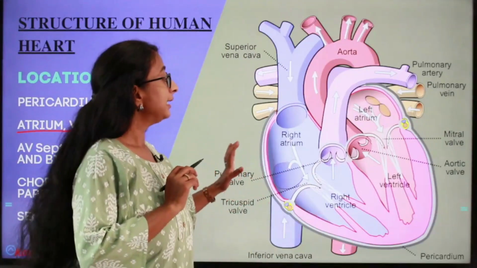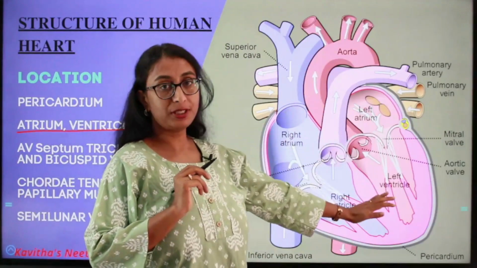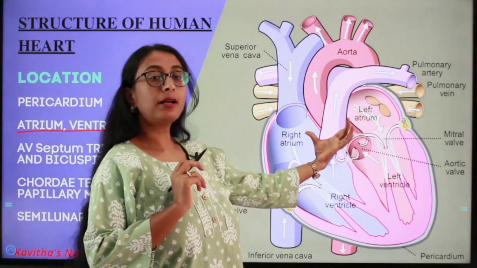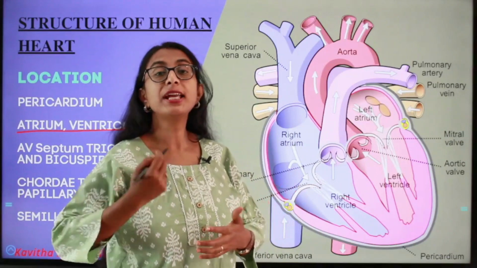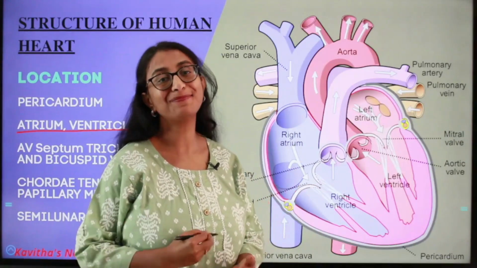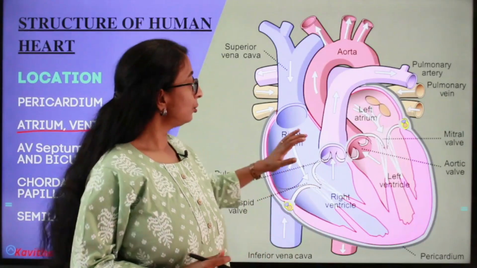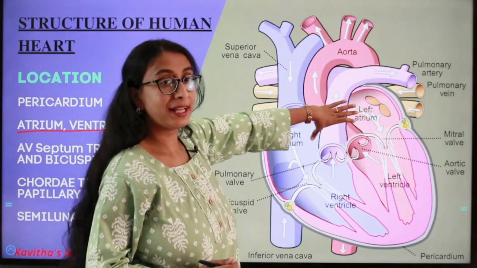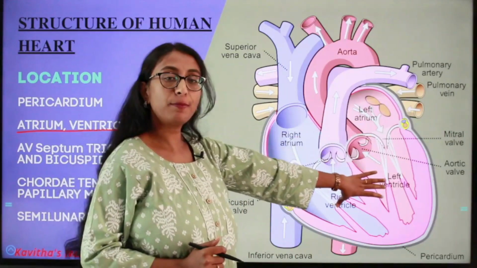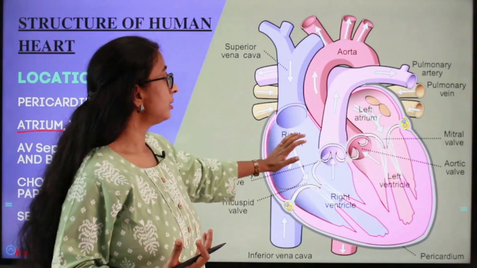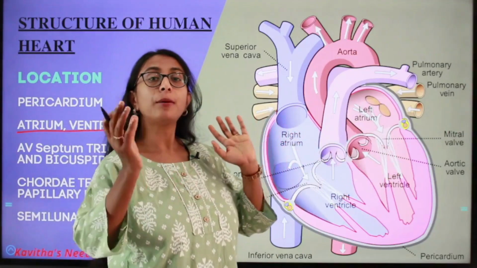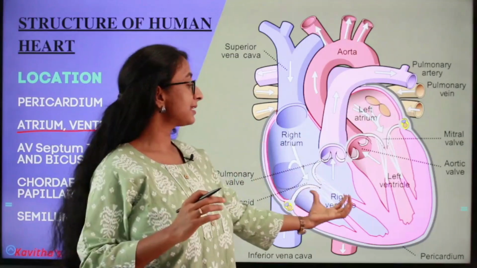The heart is comprised of four chambers. The upper chambers are called the atria or atrium. Atria is plural and atrium is singular. So, the upper two chambers are called atria and the lower two chambers are called ventricles. The upper chambers are comparatively smaller in size than the lower chambers.